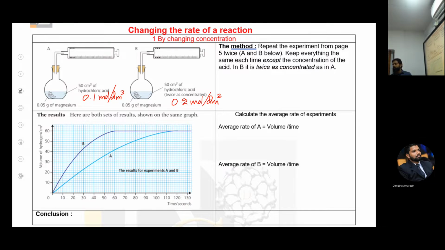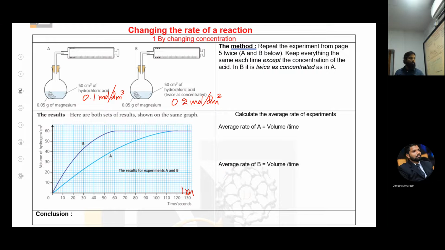Total time taken for the total volume. The time taken to collect 60 cm cube, because in every experiment the volume is 60. But which time?